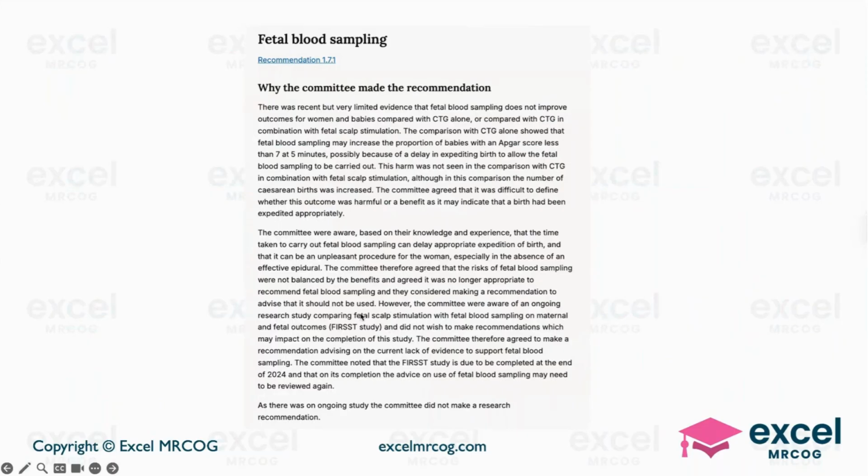Essentially, it said that because there was a lot of time delay in expediting birth because of the fetal blood sampling, versus just digital stimulation with CTG assessment alone, it does increase the chances of a cesarean section, but low Apgars reduced when they stopped using FBS.